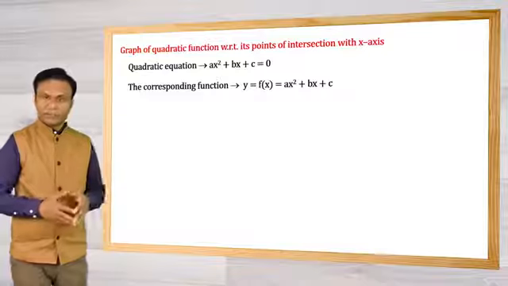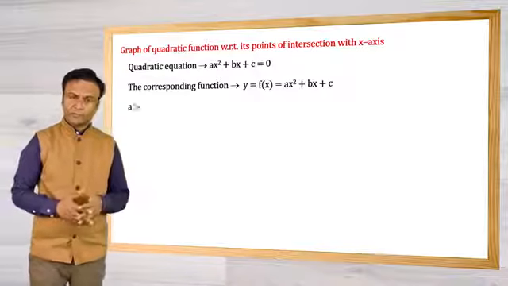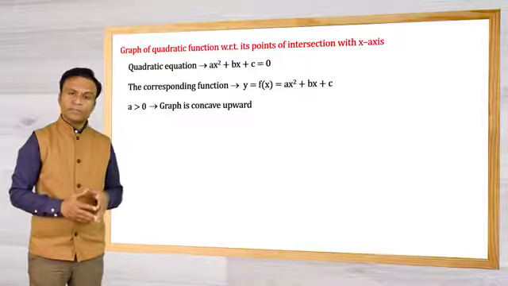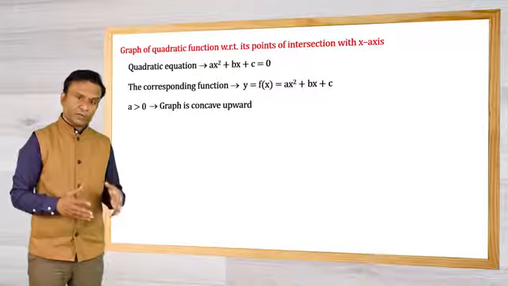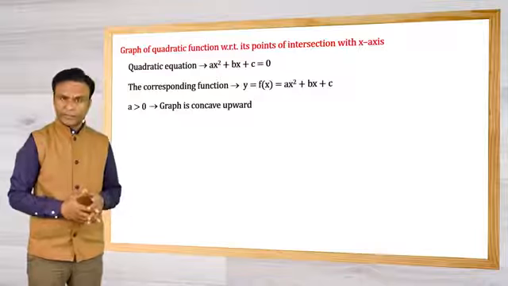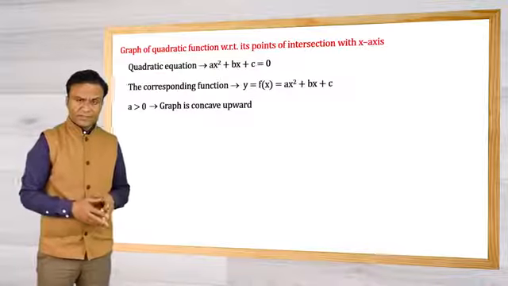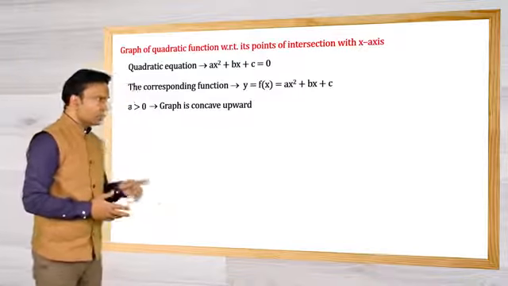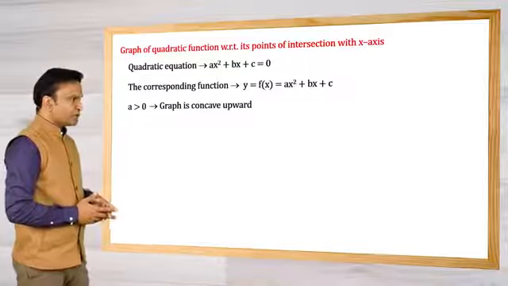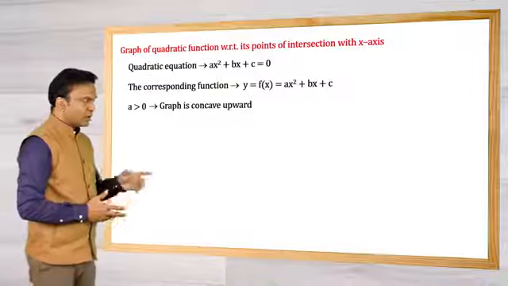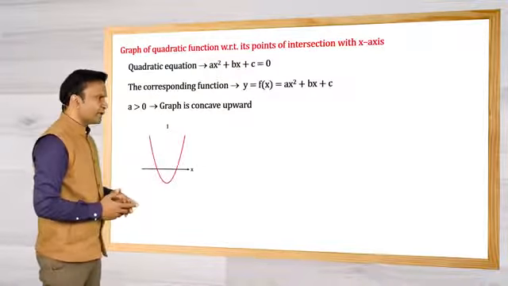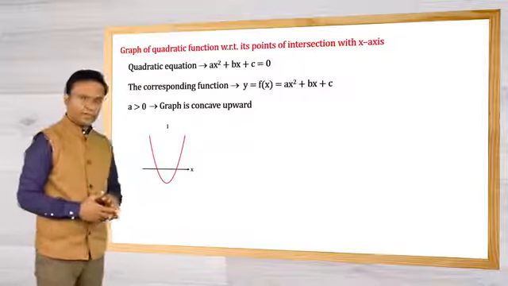If a is positive, the graph is concave upward. Now with respect to the points of intersection with the x-axis of the graph y = f(x), we have these three possibilities. We have this first possibility in which the graph is intersecting the x-axis at two distinct points, alpha and beta.